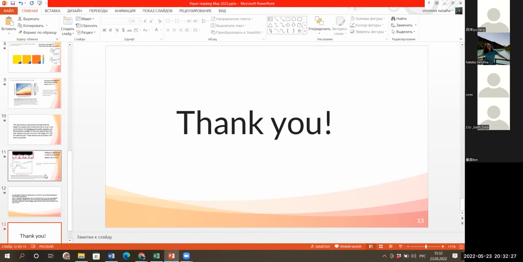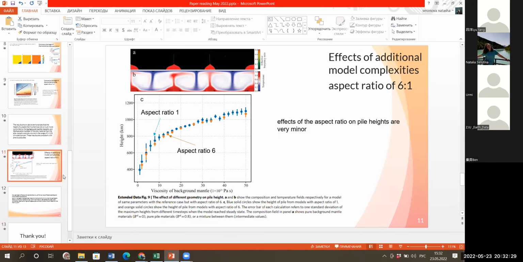Yeah, earlier I only wanted to ask about this aspect ratio. If you read this article, maybe you know what specifically it is about, because after reading, I still have not clarified this for myself. My interpretation is that geodynamics looks at how wide and how high they are.